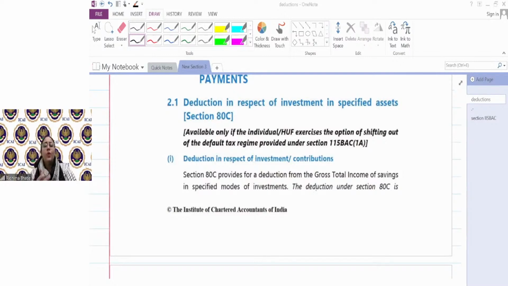So one way to understand the first section, which is 80C. From now onwards, students, you'll prepare a self chart which will tell me deductions. How will you make the chart? In a very simple way: section, nature of deduction, together, because you will remember.